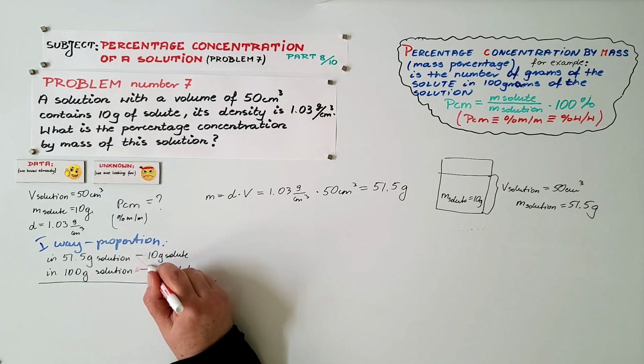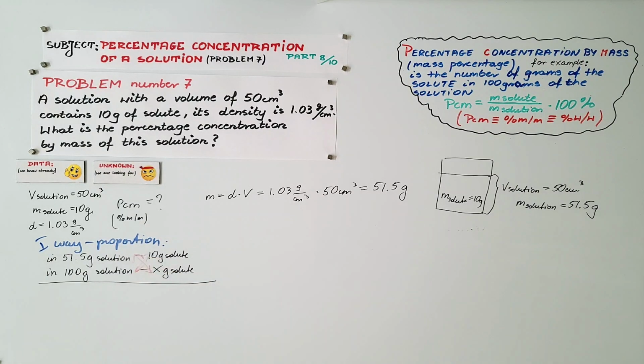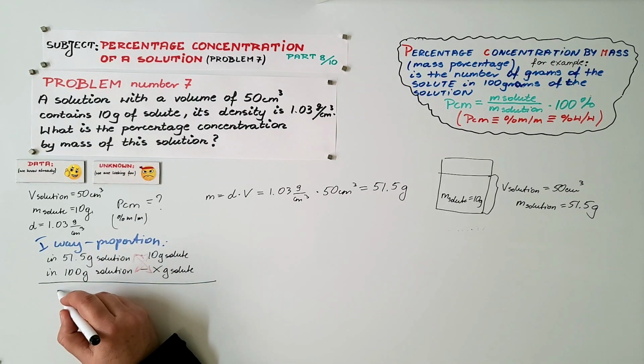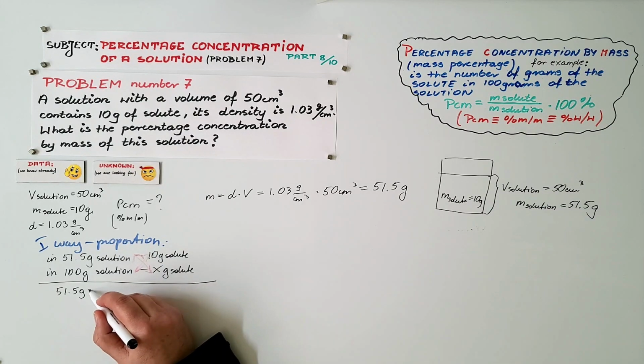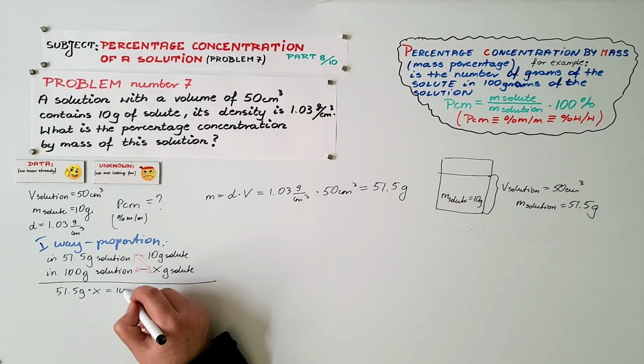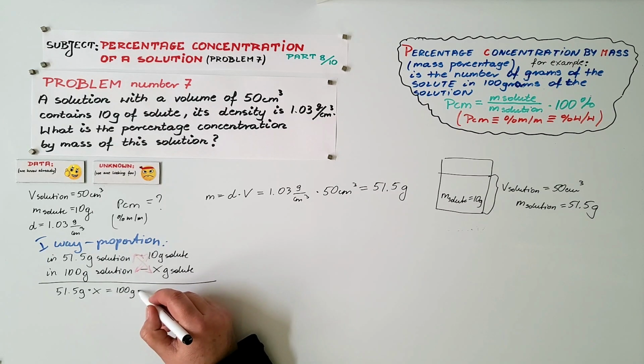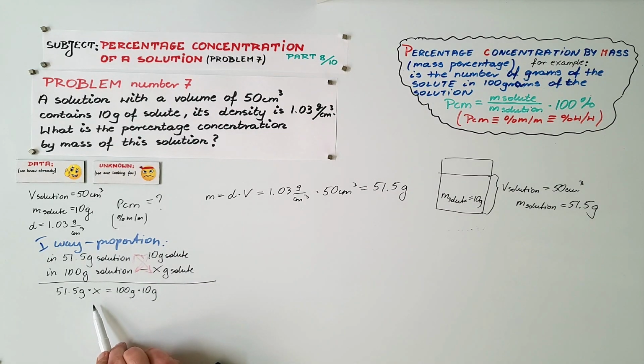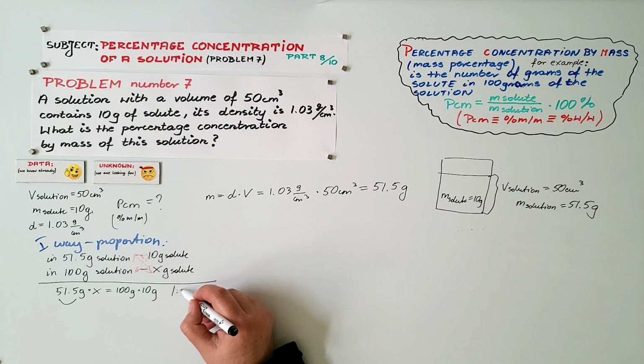So 51.5 grams times x equals 100 grams times 10 grams. To solve for x, we need to divide both sides by 51.5 grams.